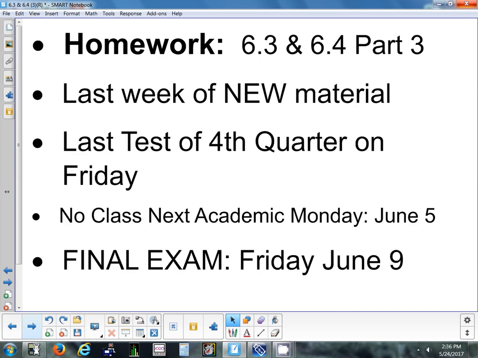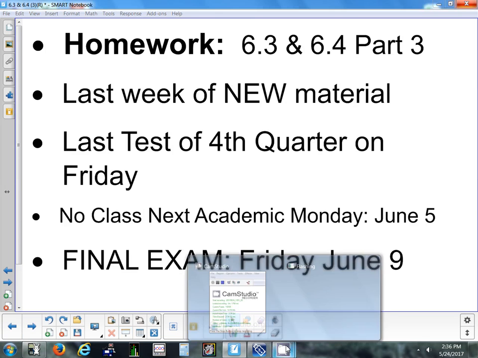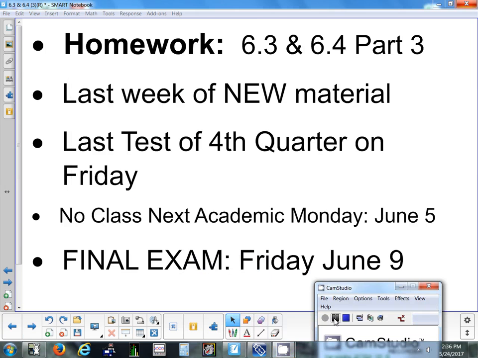Remember, tomorrow's the last day of new material for Algebra 1A. You made it. The homework for tomorrow night will be reviewed, and after that we'll start reviewing for the final. Remember, last test is on Friday for this quarter, so if you're kind of skating on the edge of passing or failing, I won't be after school tomorrow, but Mr. Hager will if you want to stay.